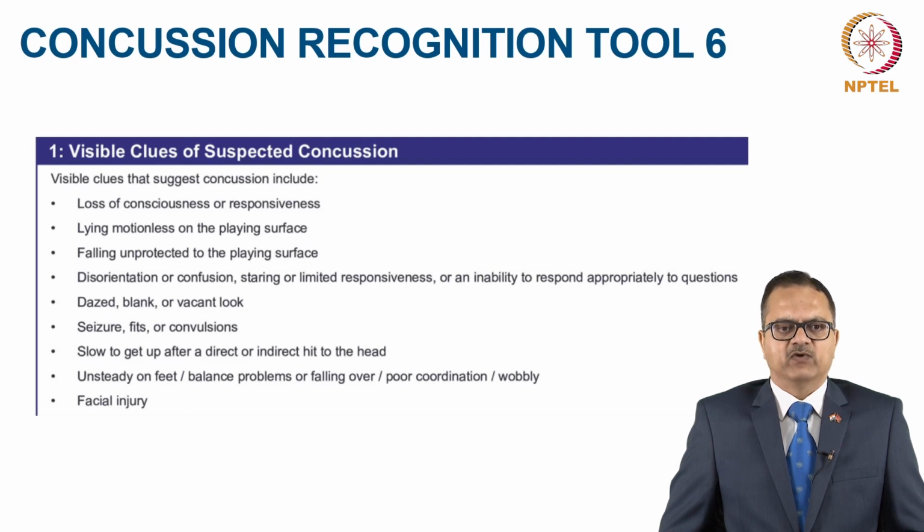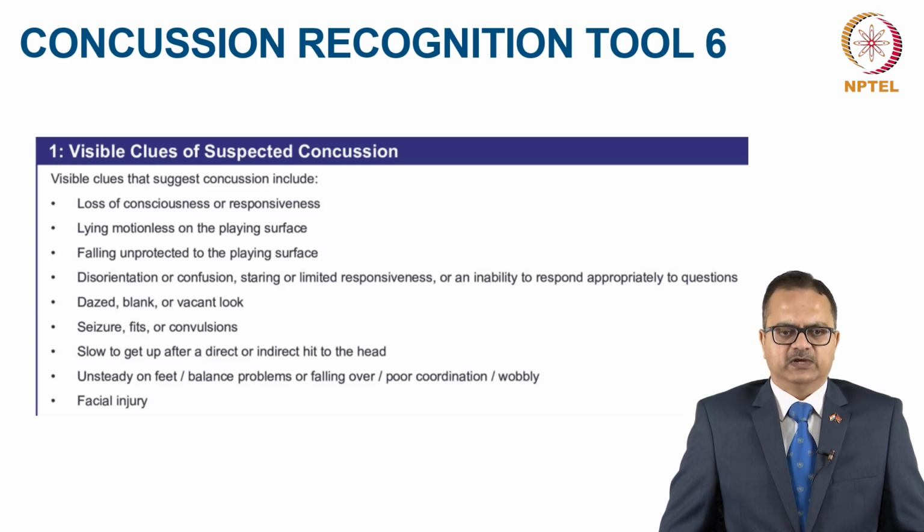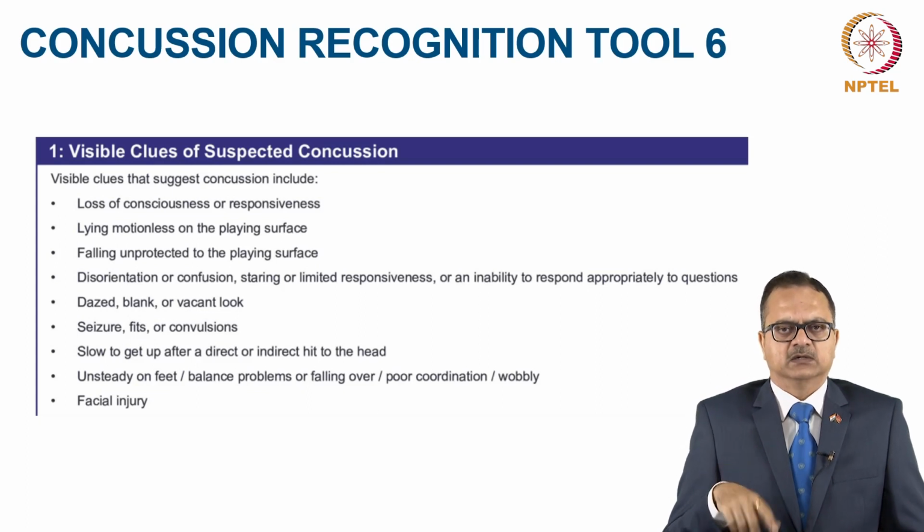Seizure, fits or convulsions. Slow to get up after a direct or indirect hit to the head. Unsteady on feet, balance problems or falling over, poor coordination and wobbly gait. Any facial injuries. If you find any of these, you can be sure that the person has got a concussion.